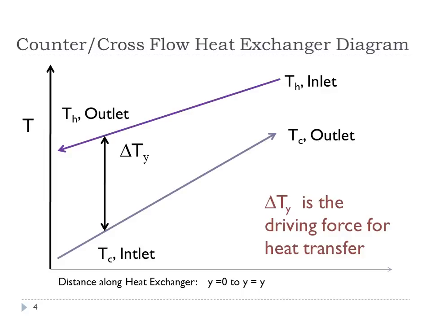We've got the inlet and the outlet, and as I mentioned before, the cold temperature on the outlet can be above the temperature on the outlet of the hot side. We're going to use the symbol delta T sub Y as the driving force for heat transfer, and that changes from Y equal to 0 to Y equal to Y. Here on the x-axis is the distance along the heat exchanger Y, and on the y-axis we're graphing the temperature.